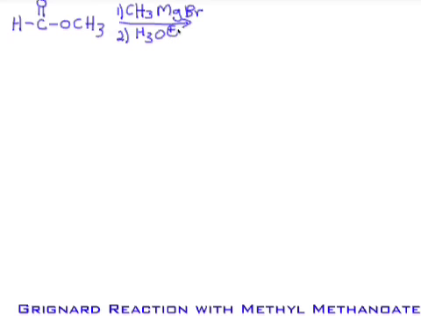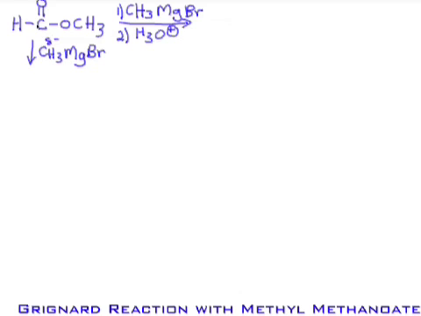Well, what happens? Let's consider the first step. What happens when you throw in the methyl magnesium bromide? Well, again, as usual, magnesium is delta plus. There's a delta minus here on the methyl.